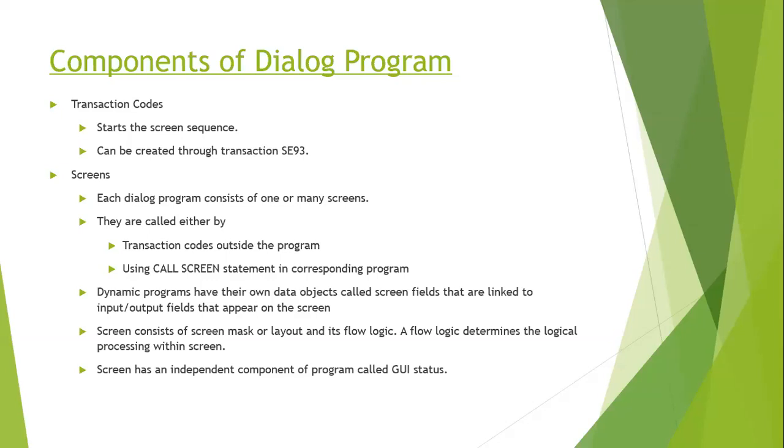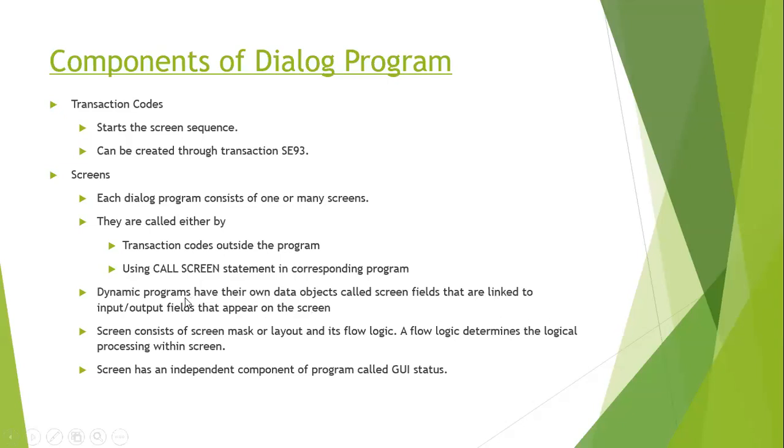And then you have a screen. What do you mean by screen? Each dialog program consists of one or many screens. They are called either by a transaction code outside the program, or using a call screen statement, you can call a particular screen. Then these are dynamic programs with their own data objects called screen fields.